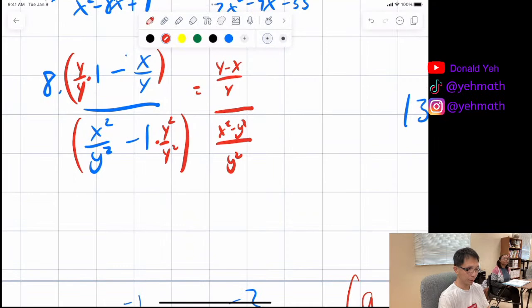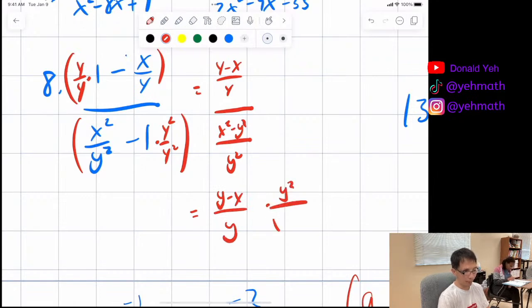Perfect. What do I do next? I did the keep change flip. Okay. And this becomes keep change flip, and this is x plus y and x minus y. Did you see that? It's a difference of squares. So that's x squared minus y squared. You've got to see that's a difference of squares.